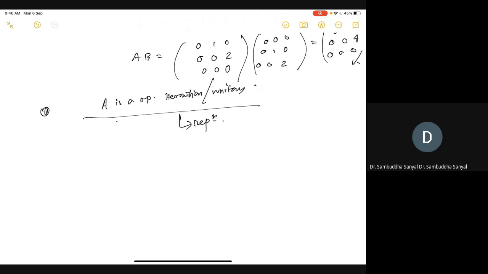Now there is one more thing: calculation of eigenvalues and eigenvectors. This is also something by now you must be familiar with, so let me quickly go over it.